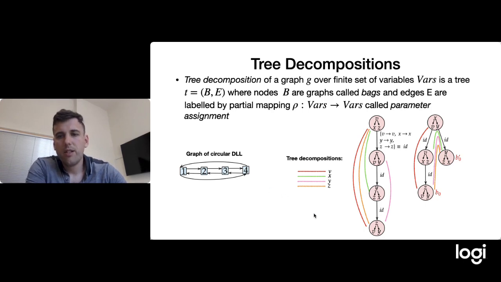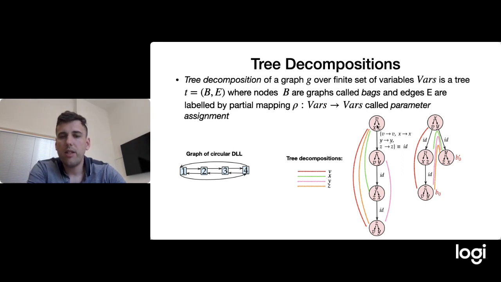Each variable has its scope, which is defined by parameter assignments on the edges. Parameter assignments form pipes, and the pipes are shown here by these colored lines. So the red pipe represents the scope of v, the green pipe the scope of x, and so on.